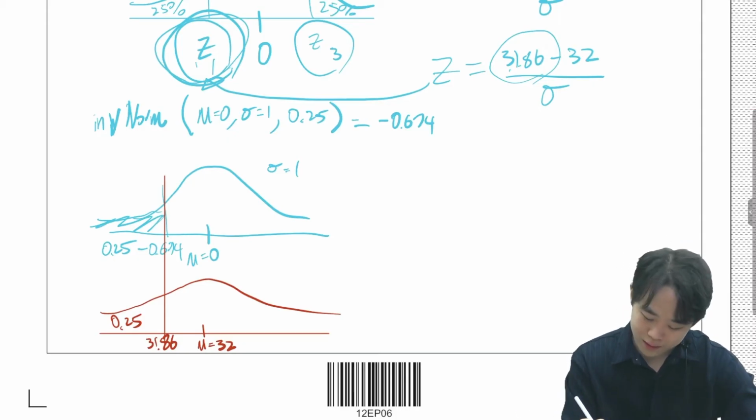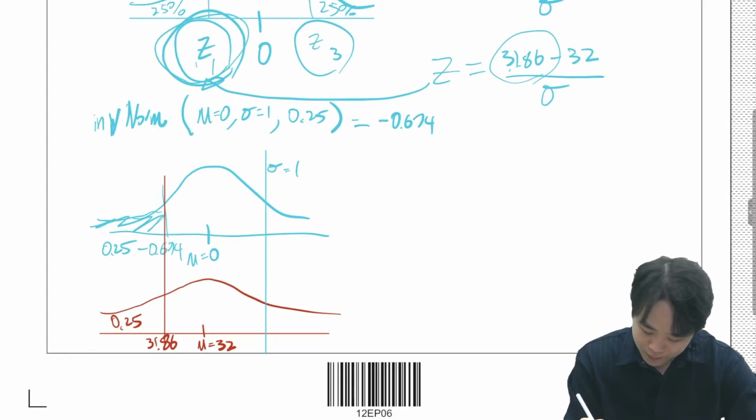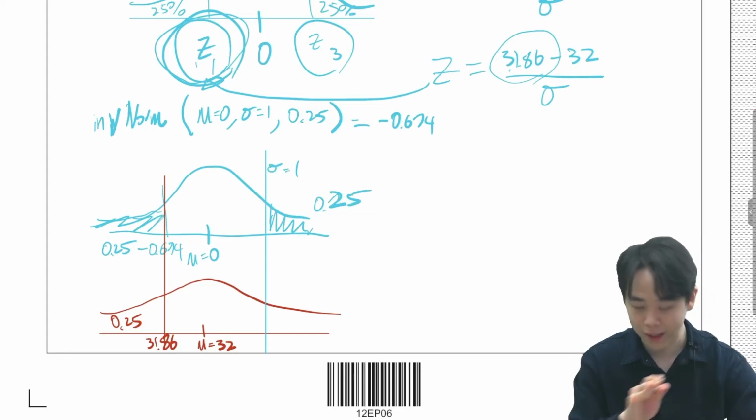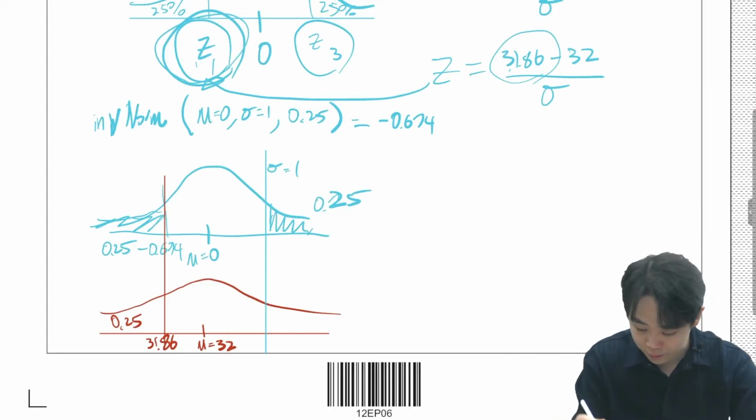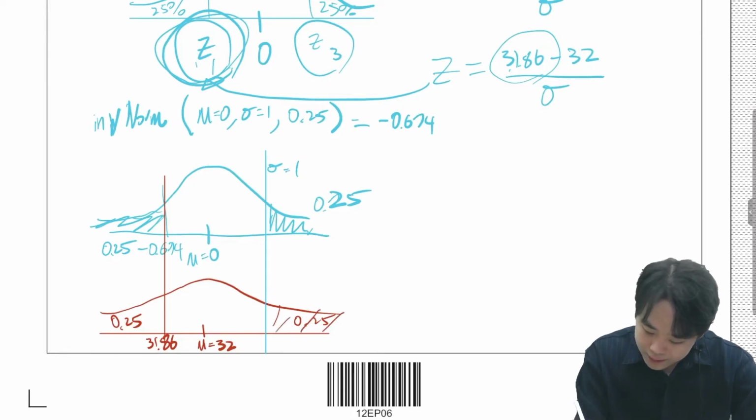We could use the other case. If you put in inverse norm 0.75, we know that we're going to look at the top 75%. So the right tail has an area of 0.25. That's going to have a z-score of 0.674, or in our original case, it's going to be 32.14.